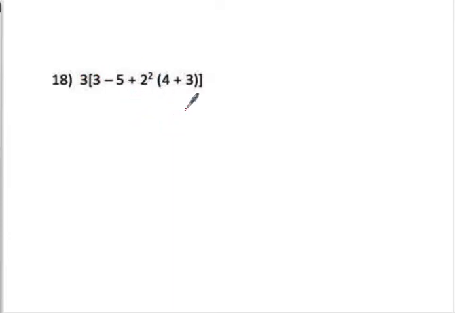Parentheses here. So I can do 3 times 3 minus 5 plus. Can I go ahead and do the 2 squared? Yep, I can go ahead and do the 2 squared. Actually, I could have done the 3 minus 5 too. 4 times 7.